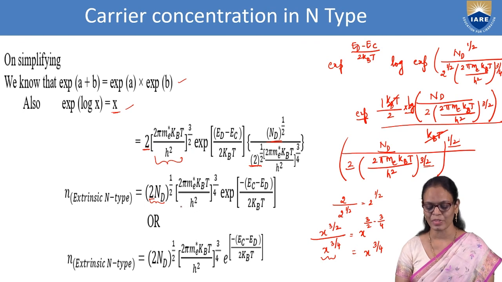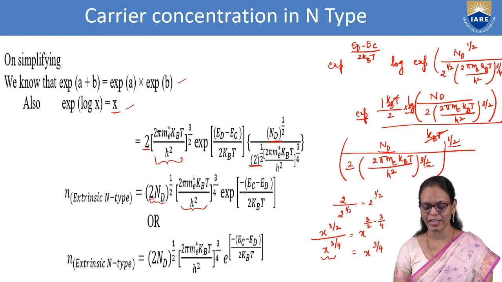So we are writing this as the term for x power 3/4, and the exponential term (ED − EC)/2kBT we are writing as minus of (EC − ED). It is the same term; we are taking one minus common and writing it as (EC − ED)/2kBT.